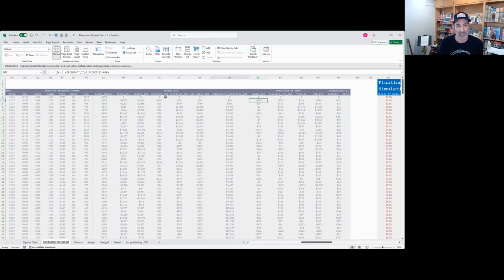So based on the stock moving $2 and how much gamma you had yesterday, you're losing $685. That makes sense because you're short options. If the stock moves and you're short options, your gamma P&L is always negative. If you were long options and the stock moves anywhere, your gamma P&L is always positive. So we got the sign right, and that's the number.